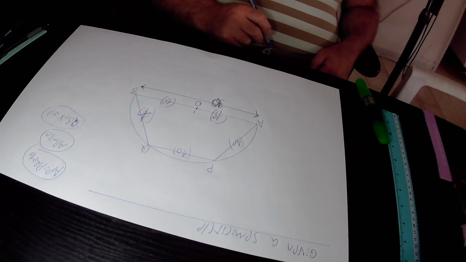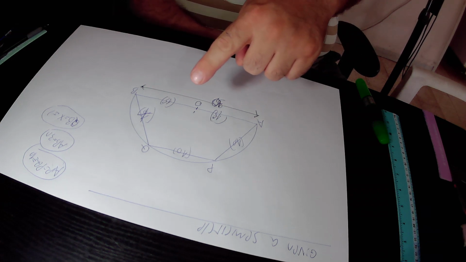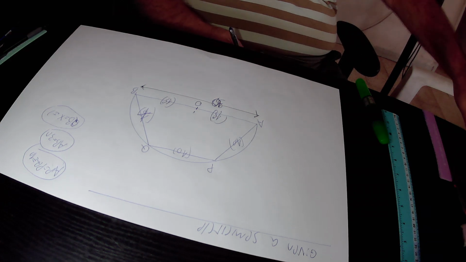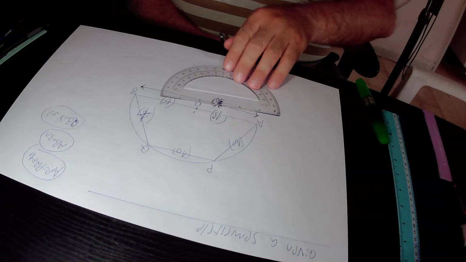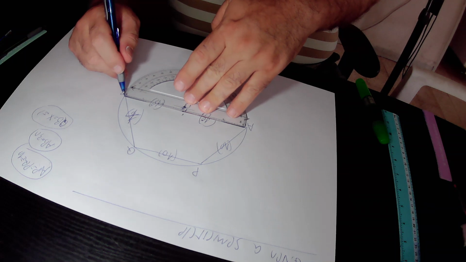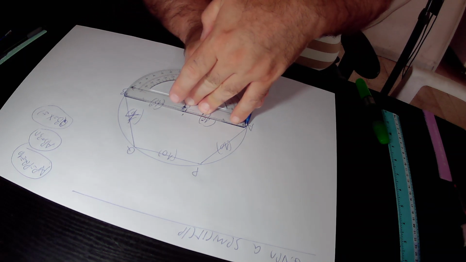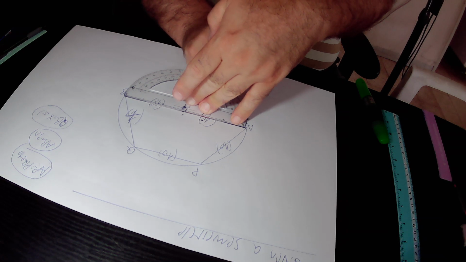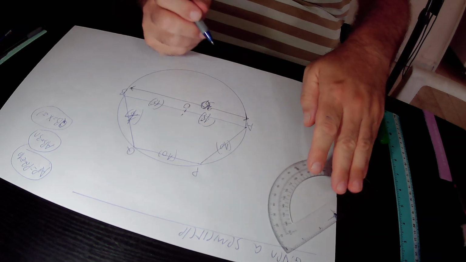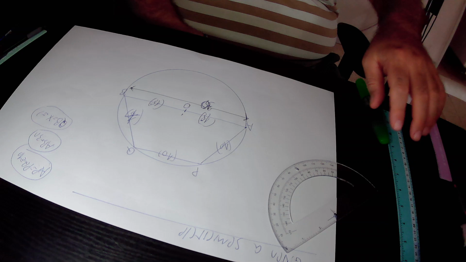In the next step, we complete this semicircle to a circle. And we join points O and P together by a straight line.